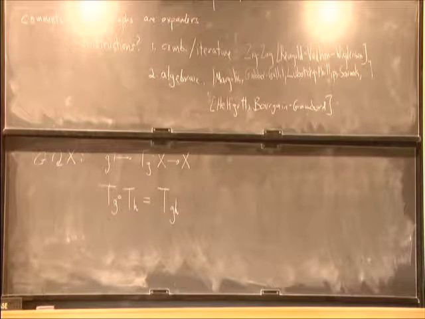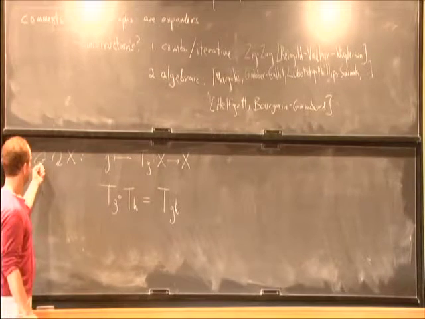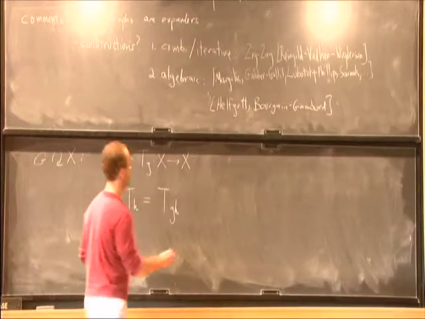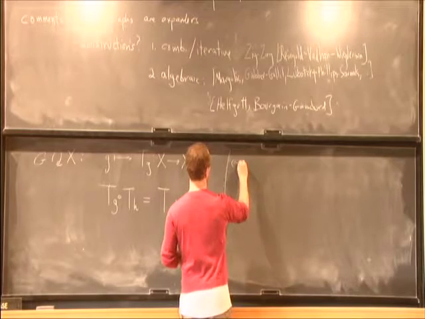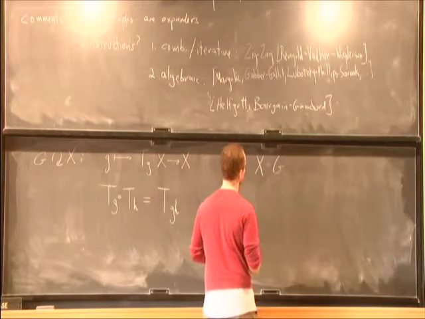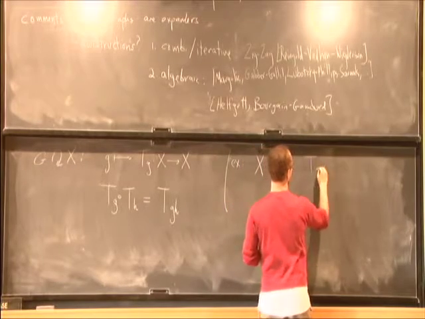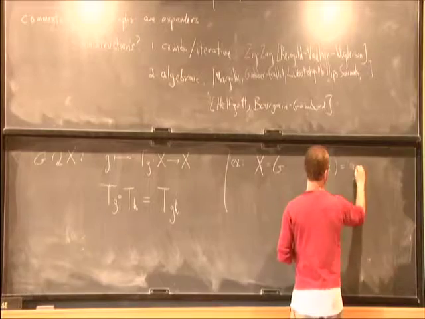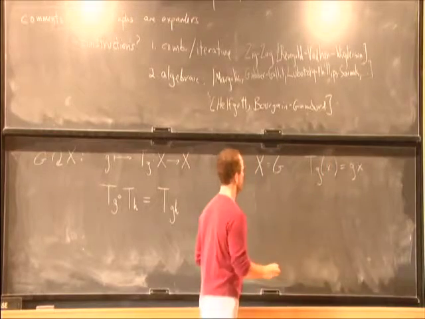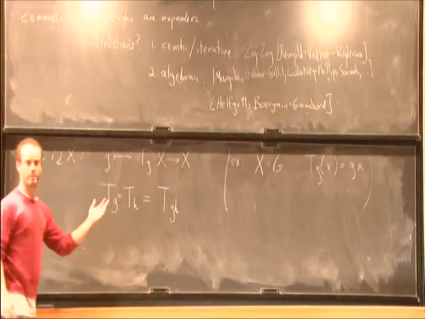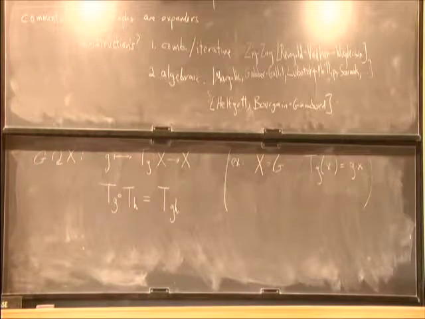Okay, so this group acts on this set. A simple example is X is G, and T of G of X is G times X. So this is perhaps the simplest example, and there are many, many examples of this. We'll see more examples soon.